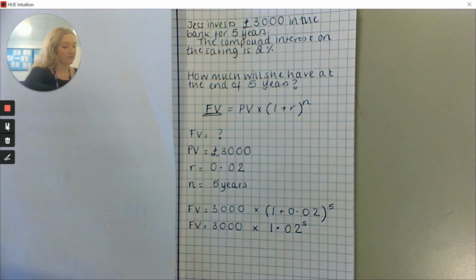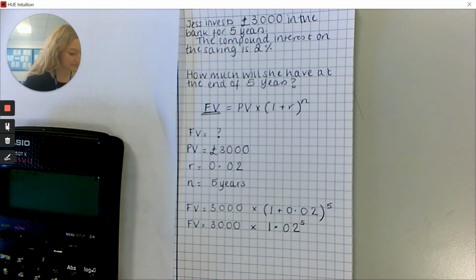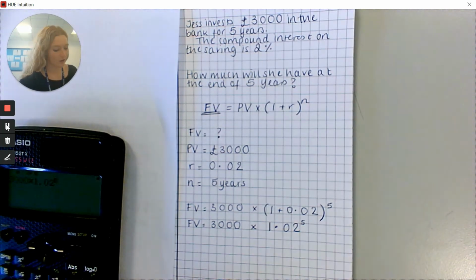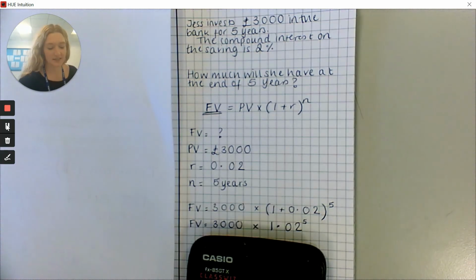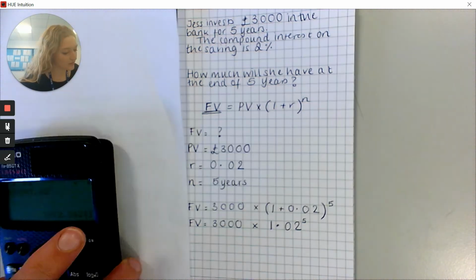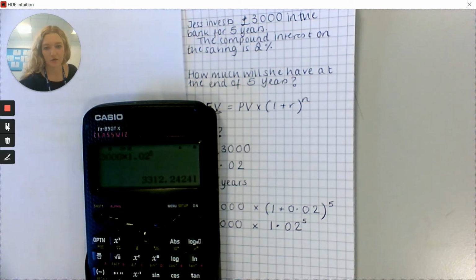So I've got 3,000 times 1.02 to the power of 5. So 3,000 times 1.02 to the power of 5 equals 3312.24241. What do we round to when we're dealing with money? Good, 2 decimal places.